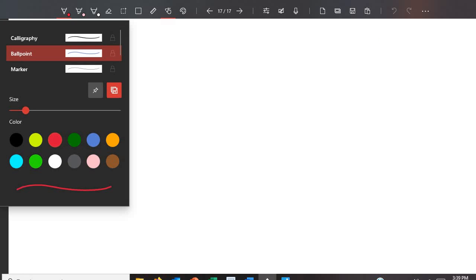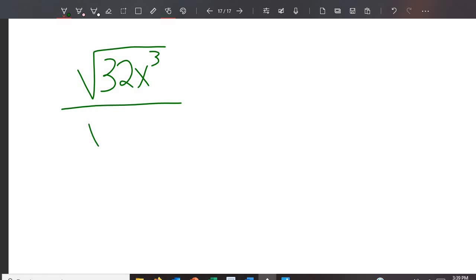Now, you're going to see problems like this. We might have square root of 32x cubed over square root of 2x.